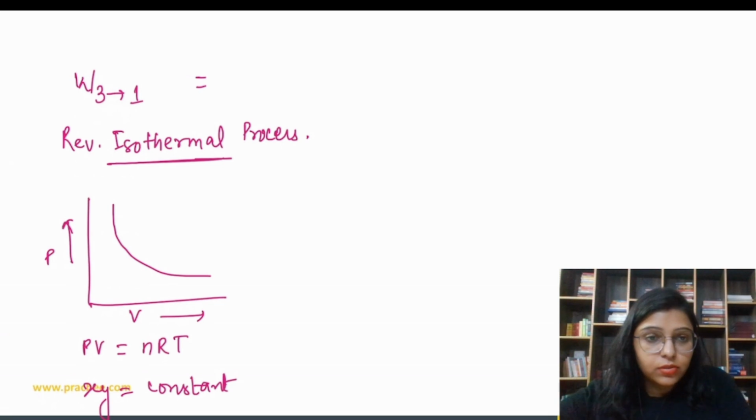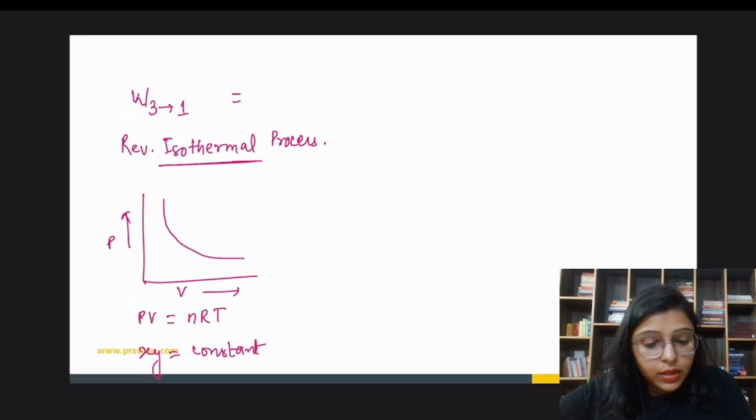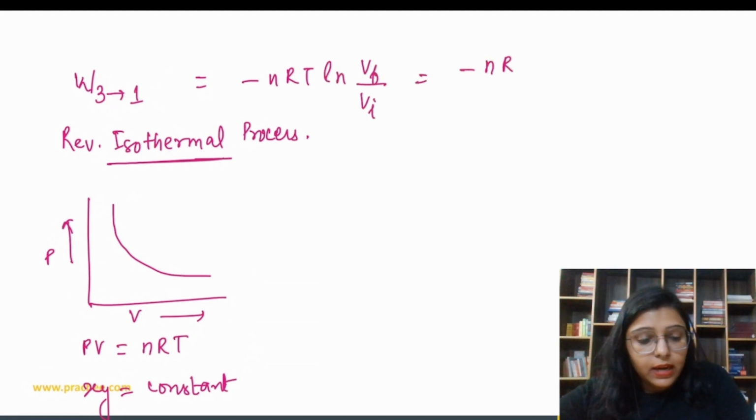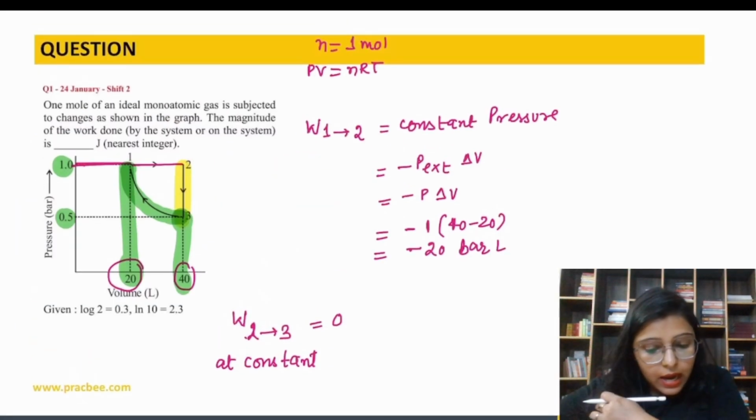And for a reversible isothermal process, work done is equal to minus nRT ln (V final upon V initial), which is minus nRT ln (20 by 40). We can write this as 1 mole, 1 into R into T. Okay, fine.